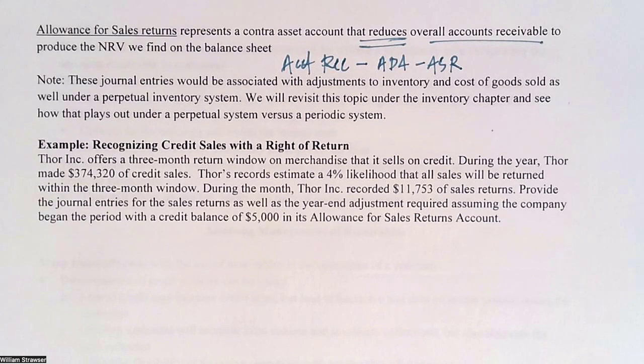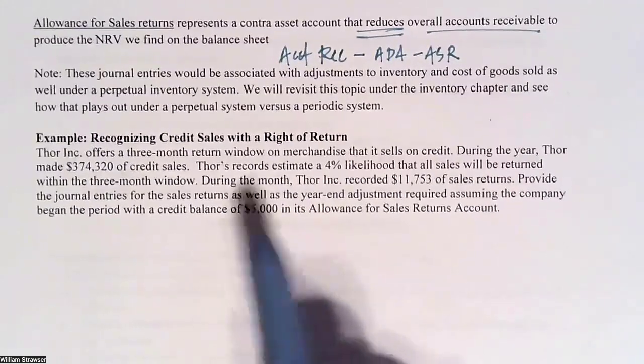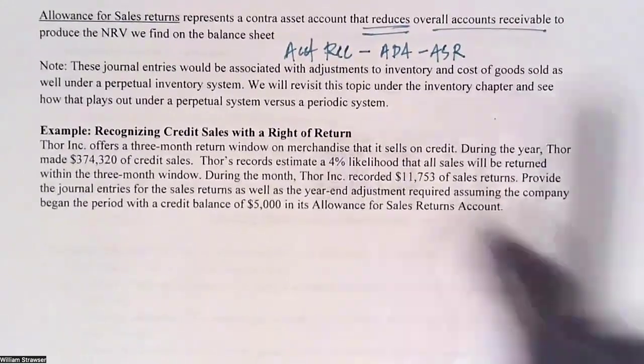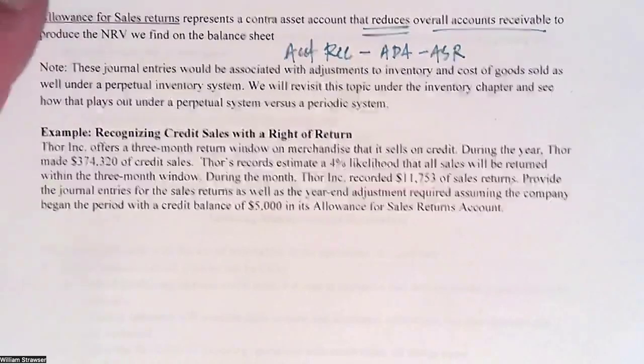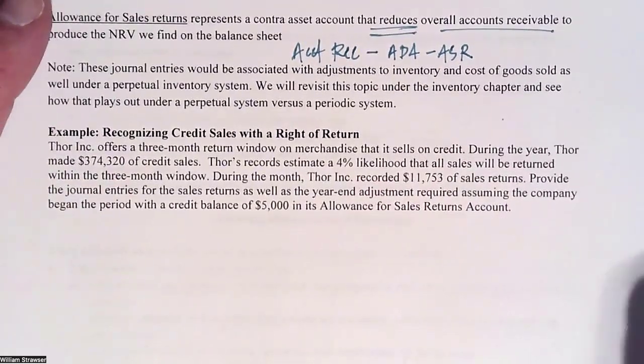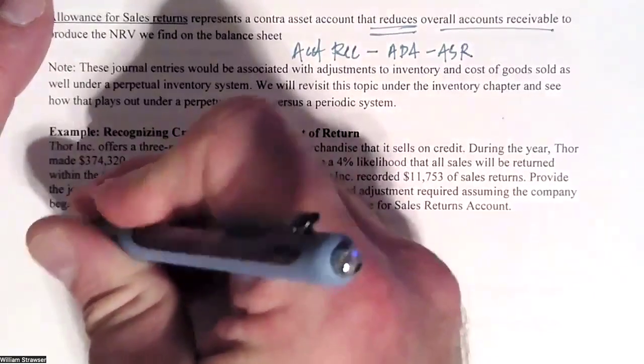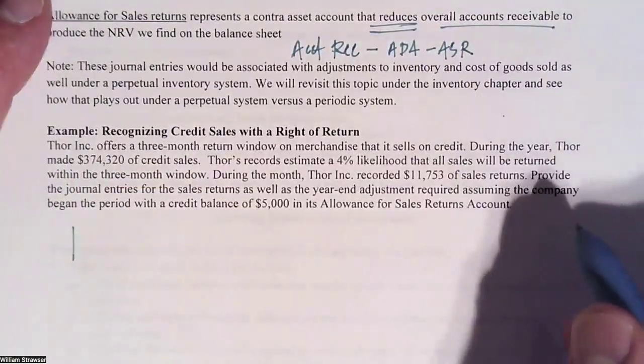So during the month, they recorded 11,753 of these returns, and we need to provide the journal entries and an adjustment that's required, all assuming that the company began with a credit balance of $5,000 in its allowance for sales returns account. So during the year, we made a lot of credit sales.